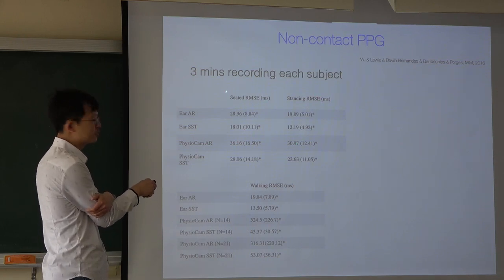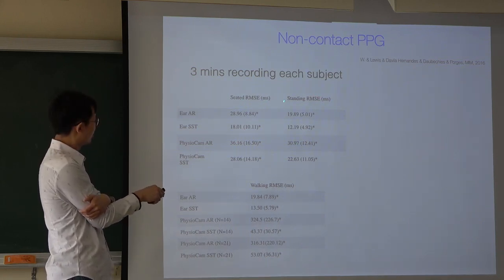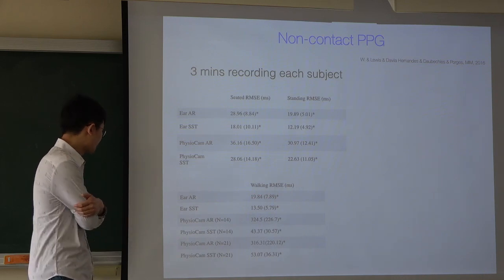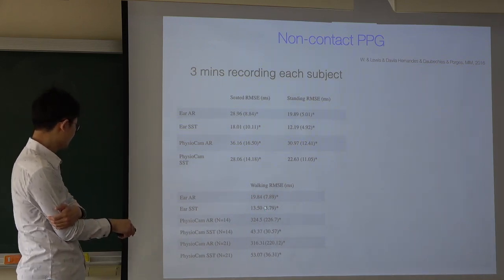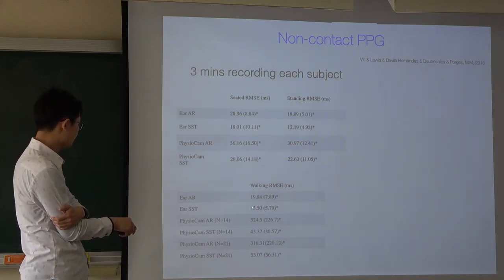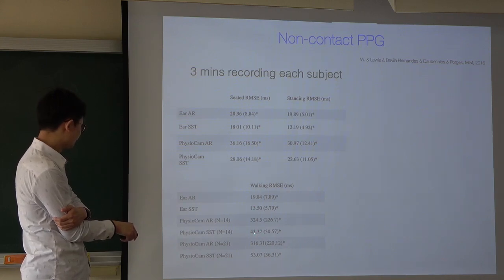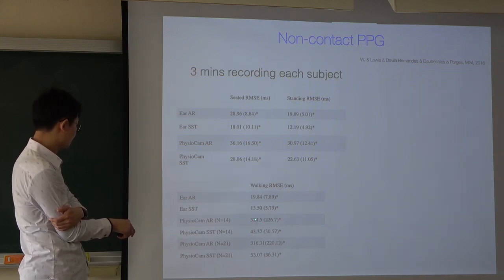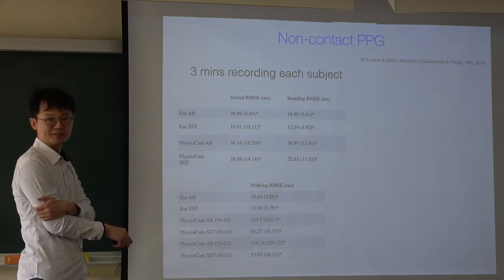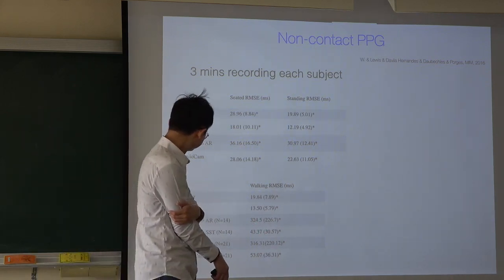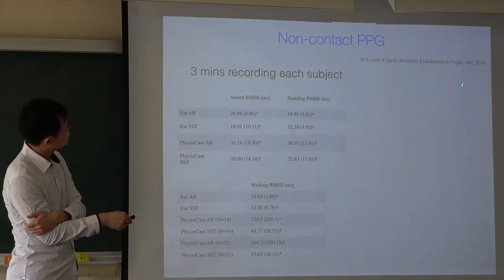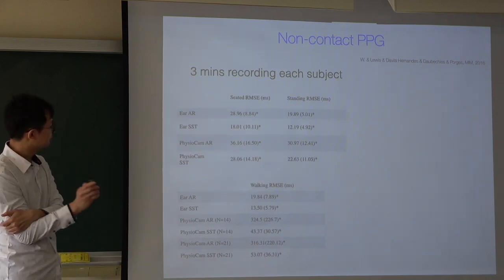For example, when a subject is seated or standing or walking, you can see that it's quite nice. In particular, you see this is 43, this is 324, and the difference is very gigantic. For details, you can go to the paper and see what's going on.